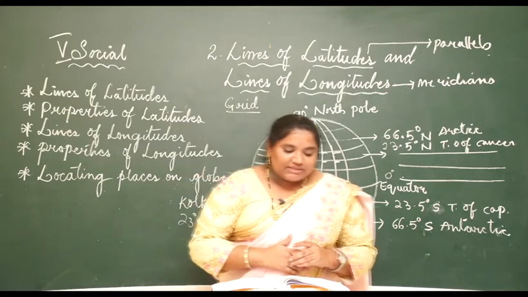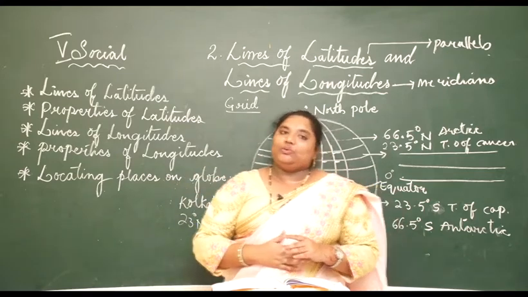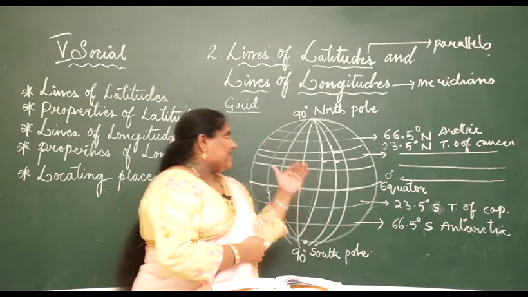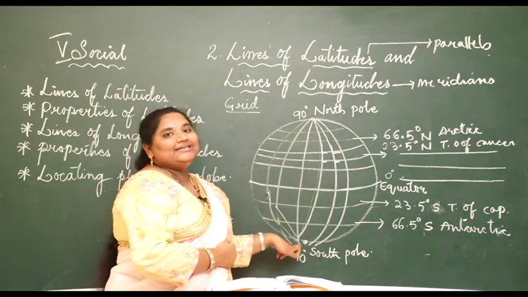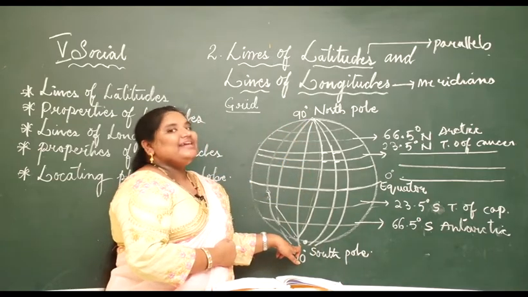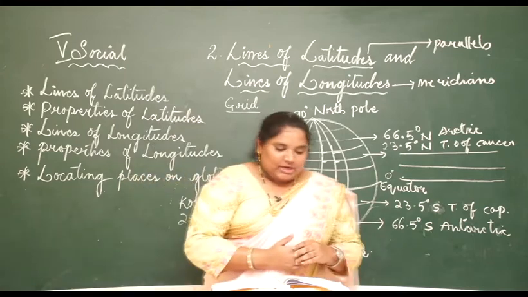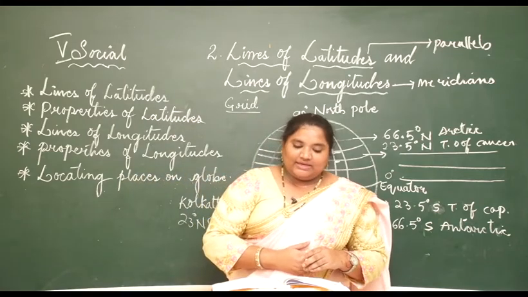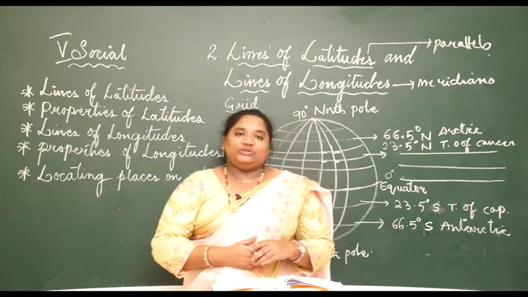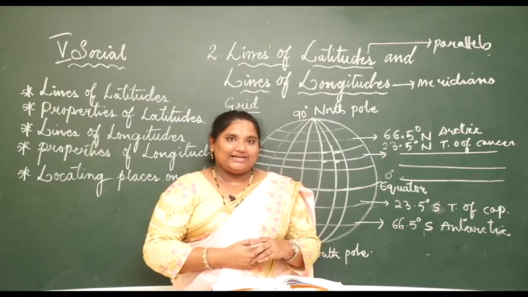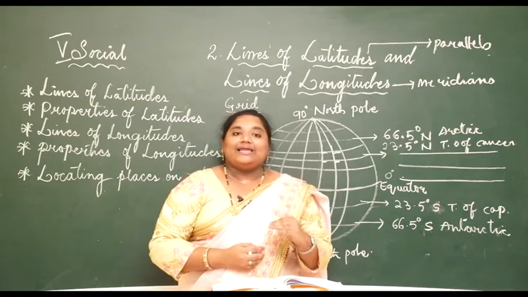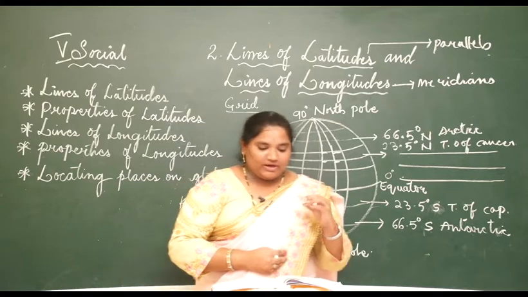Okay. Then the international date line. 180 degrees longitude is called the international date line. Longitude helps us to calculate the time of a place.